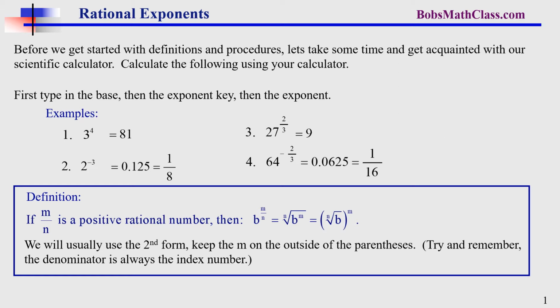So the nth root of b in parentheses, and then the m on the outside. Try to remember that the denominator n is always going to be the index number. So what we're doing is we're given an expression with a rational exponent, and we're going to change it to radical form, and hopefully we can simplify it.